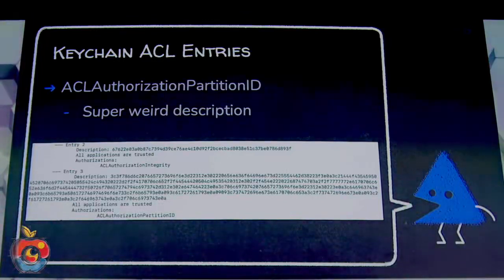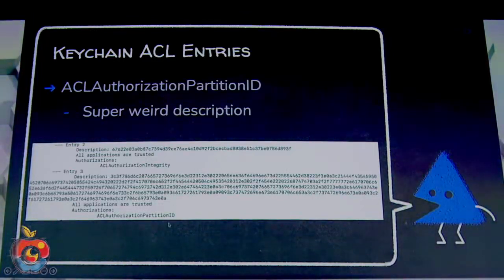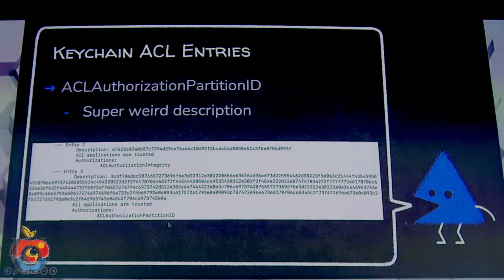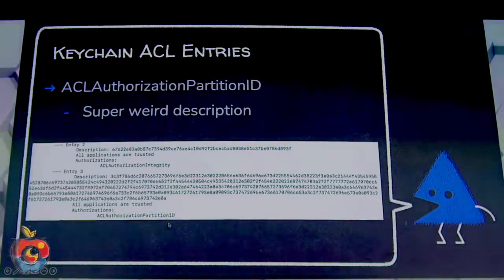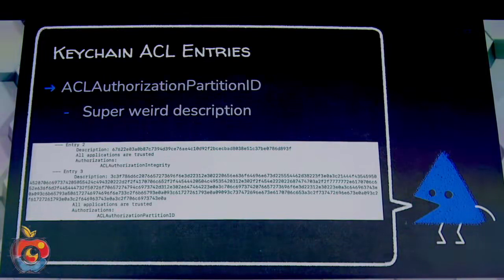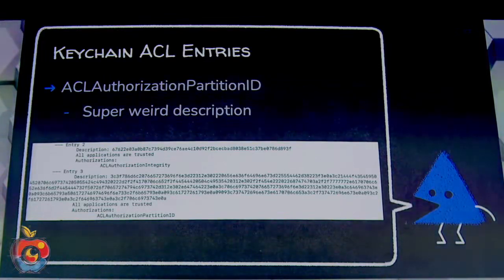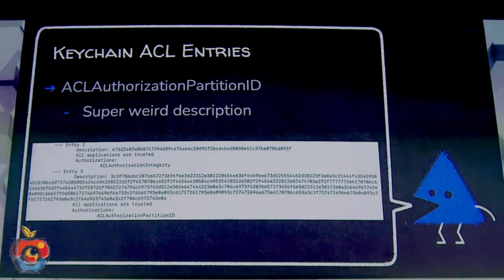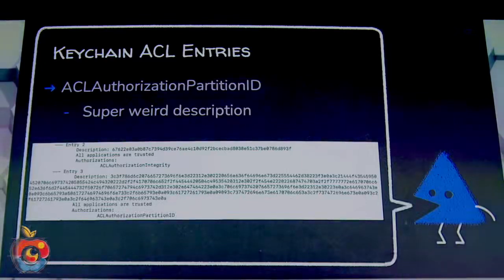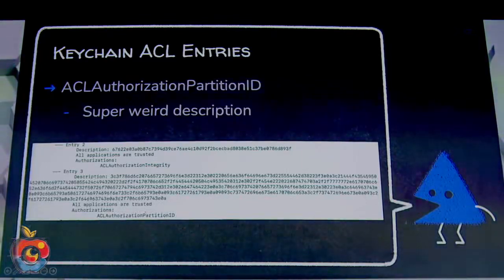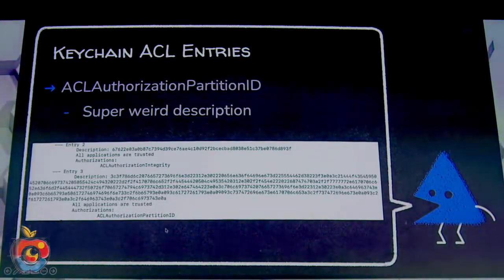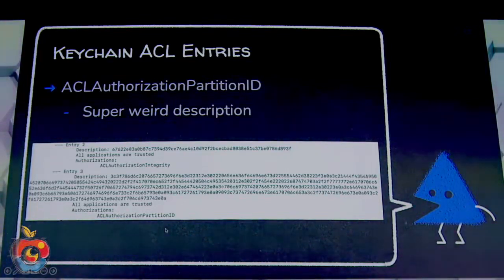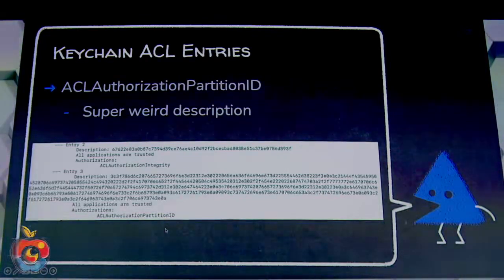There's ACL authorization integrity, and this one down here, ACL authorization partition ID. What stood out about it is that the description is this super weird long hex thing. So not a standard description for something that you might find. The other thing that seemed weird is that if you can see down here at the very end, the last thing is 0A, so a new line. Something's fishy going on here.